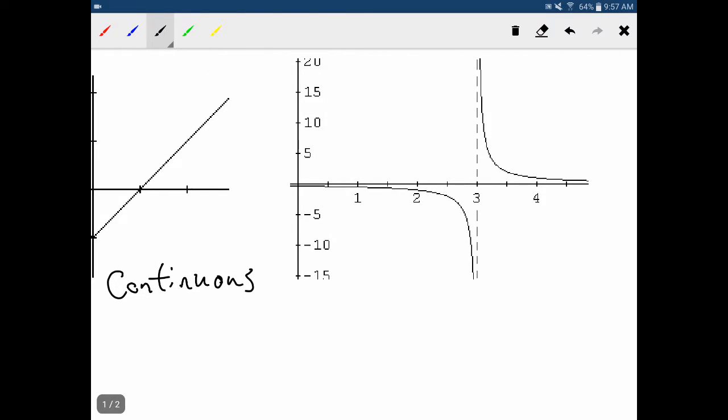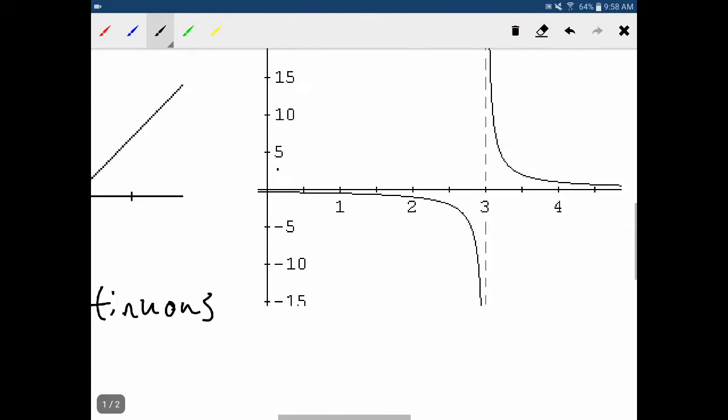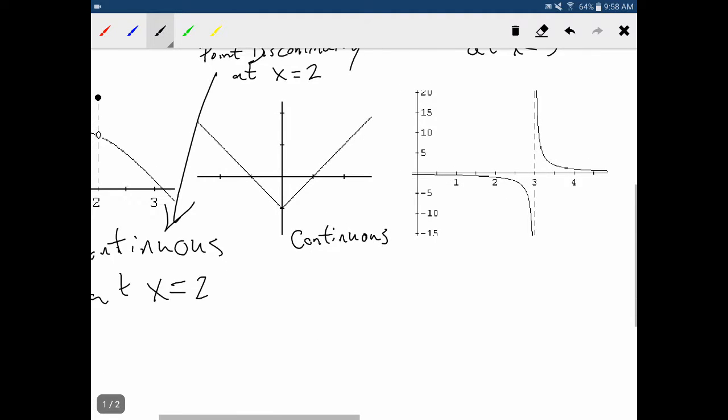And then finally, we've got one that has an asymptote. Now a vertical asymptote does indeed make it discontinuous.